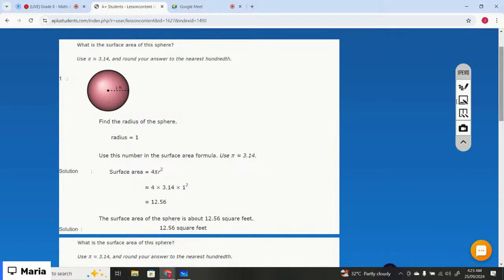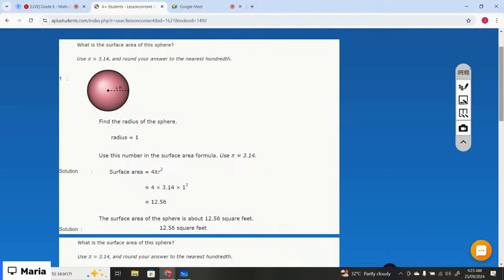So you have to use the formula, that is surface area equals 4 pi r square. So just put in the values and do the calculations. So for this one, that is 12.56, right?